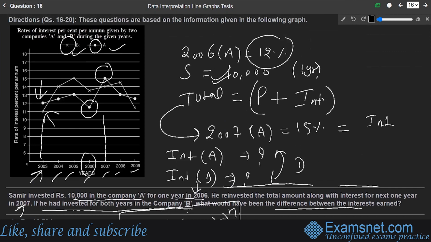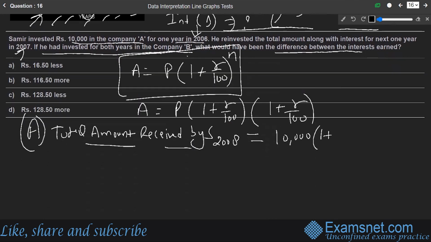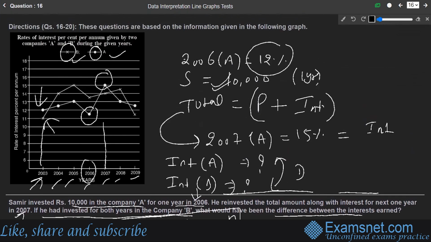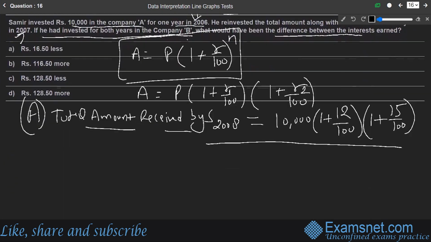Then in 2007 it became 15%. So the first rate R1 is 12%, and the total amount is reinvested the next time at 15%. That would have been the total amount.